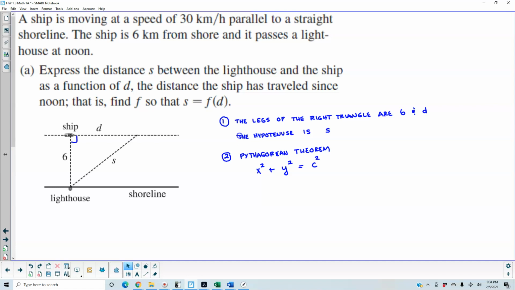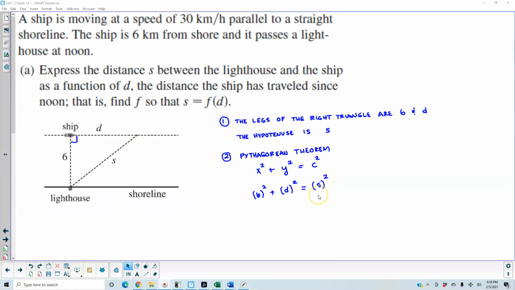Now, in this scenario, we know that 6 is a leg. We're squaring that. We know that D is a leg, and we're squaring that. And then it's equal to S, which is the hypotenuse, and we're going to square that.